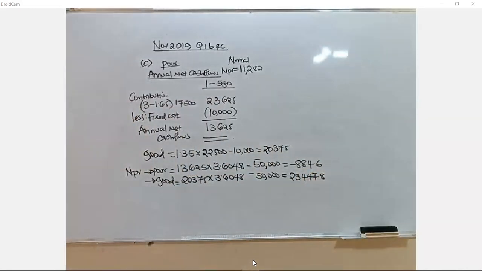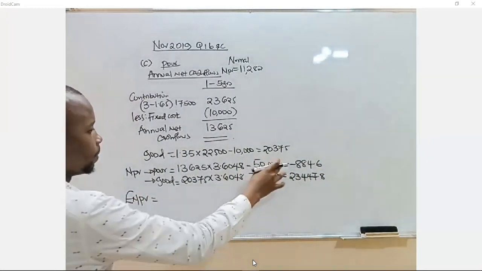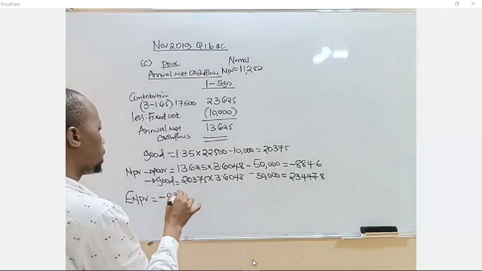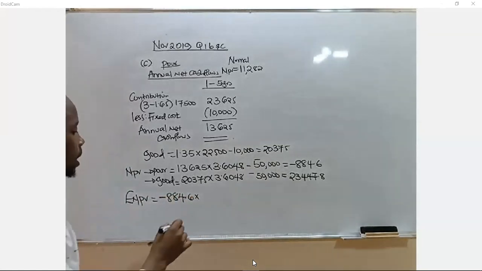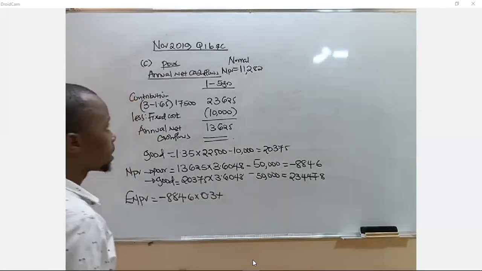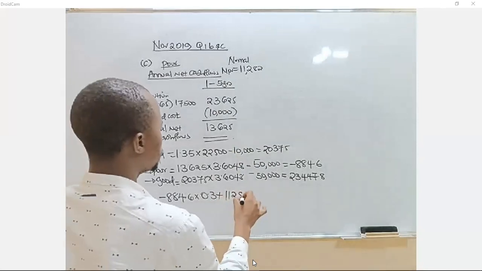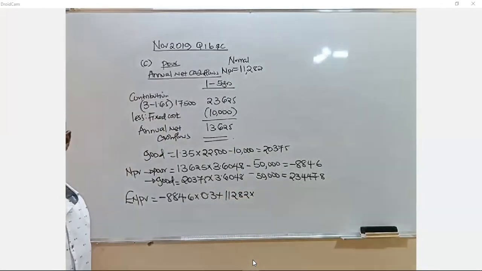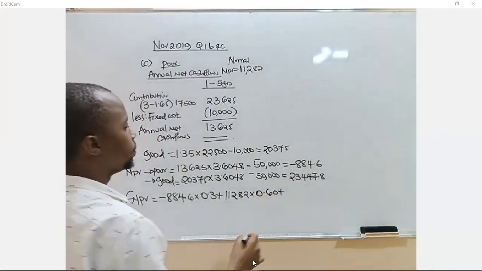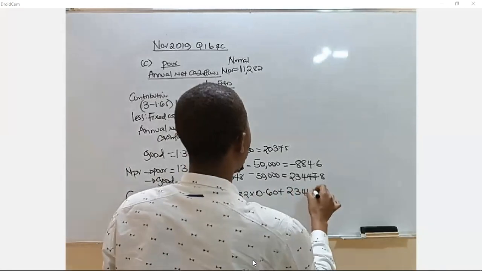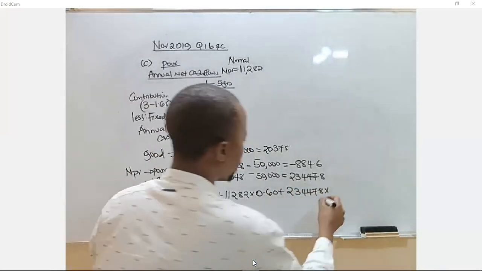Calculate the expected NPV as the requirement of the examiner. So let me start with this one. Negative 884.6. We multiply by the probability provided is 0.3 plus the NPV ya normal ni ile tu tulipata huko juu 11,282 times the probability provided is 0.6 plus the last one will be 23,447.8 times the probability provided, which is 0.1.